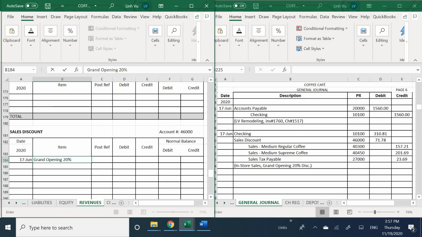So for example, right now there are no holidays in June, but I'm just saying for the future, you could have a Christmas sale. All coffee is 25% off, or buy one get one free. Anything like that. Okay. Journal 6, and this is going to be in the debit column for the $71.78. 71.78.